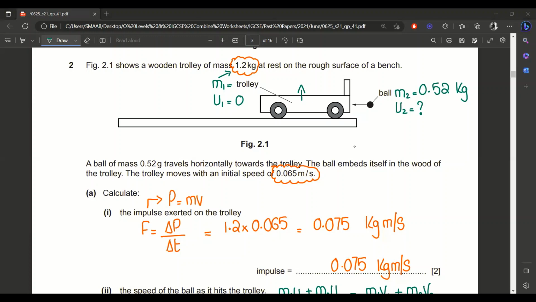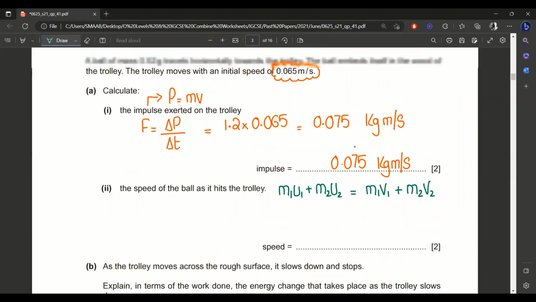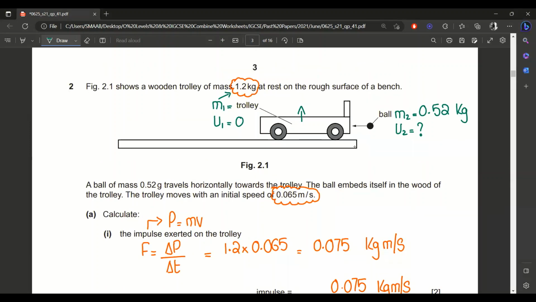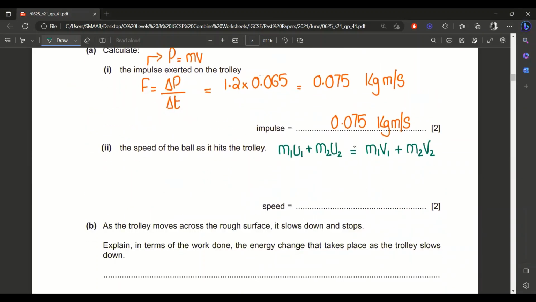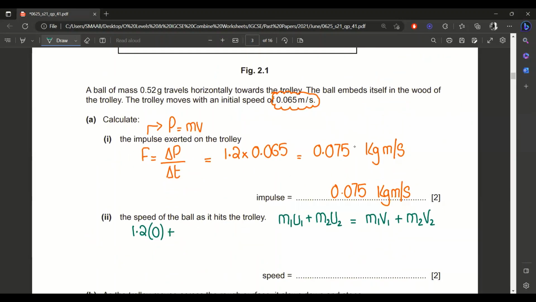Yes. So if we consider the values of the initial momentum, mass 1 is 1.2. So 1.2 multiplied by 0 plus the mass of the second body is 0.52.